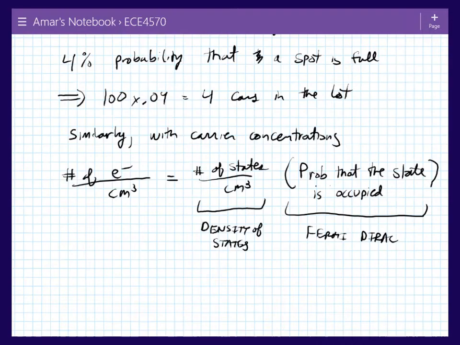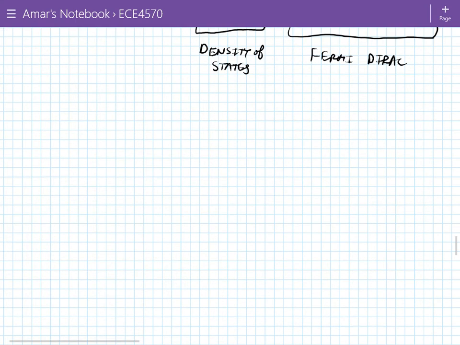So let me just draw that schematically. Let's say we have a whole bunch of energy states here. If we were going to fill up electrons, we fill up the lowest energy states first. The more electrons you have, they start filling in the lower energy states first, and the high energy states remain empty.